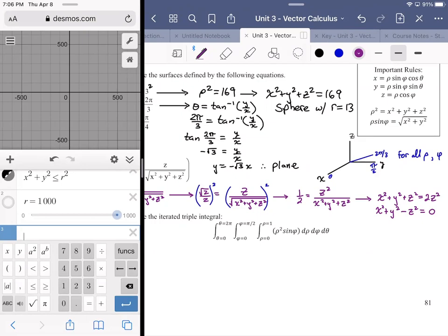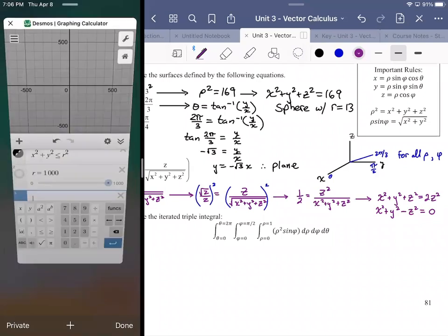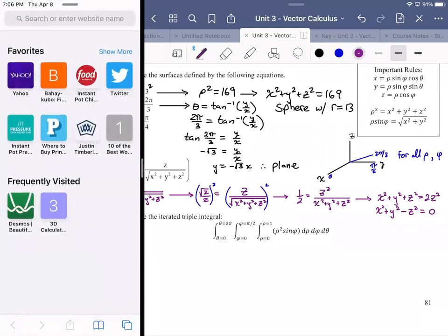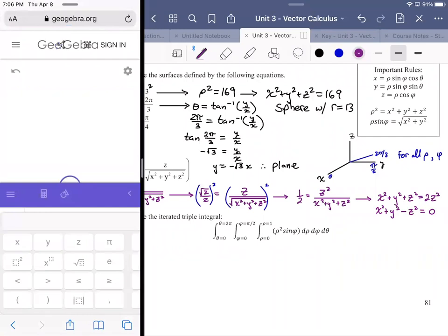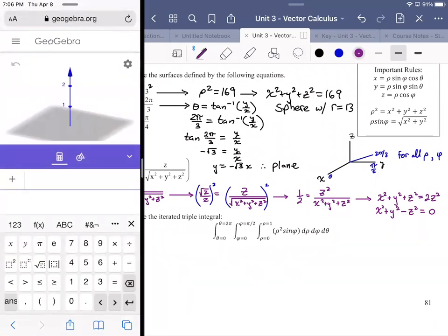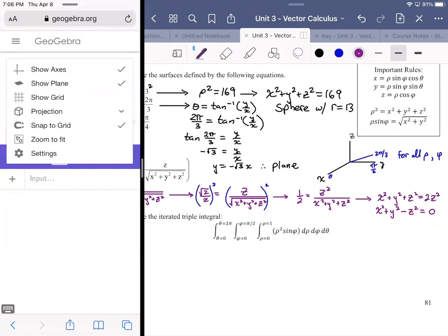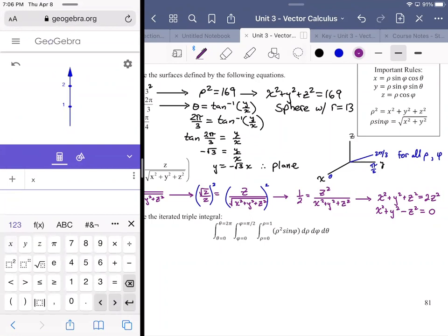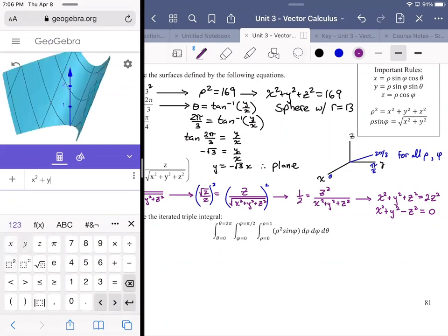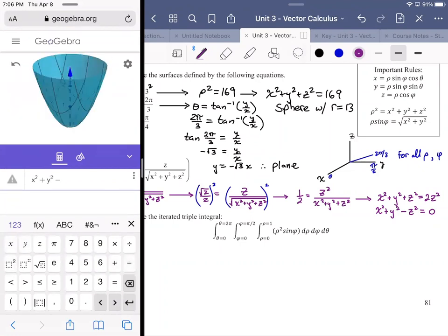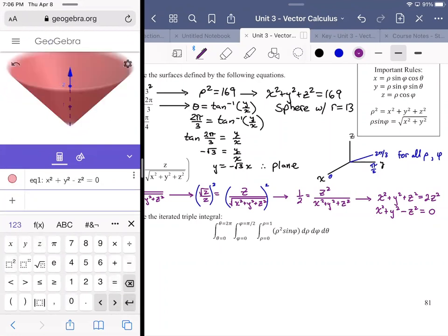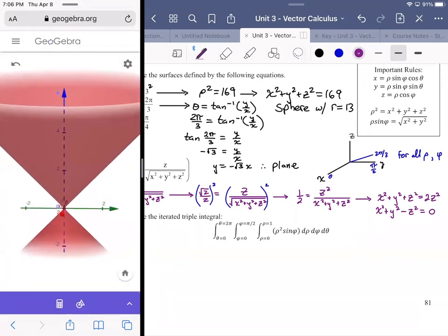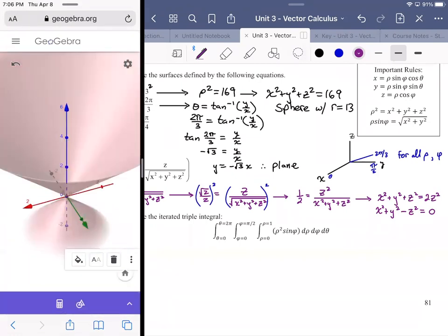You're looking at a hyperboloid, right? But if you didn't know or you weren't sure, Desmos, GeoGebra, sorry, it's a good resource for that. All right, so we're looking at a hyperboloid of one sheet.